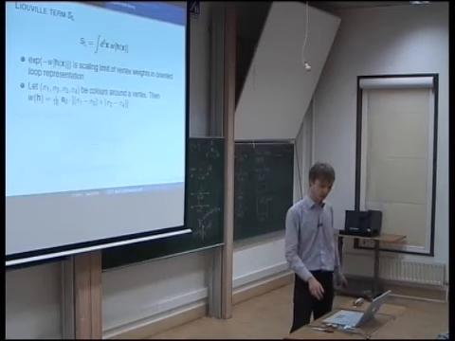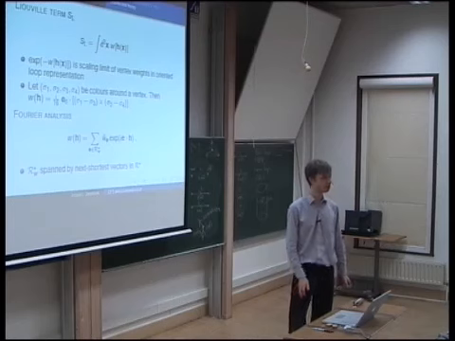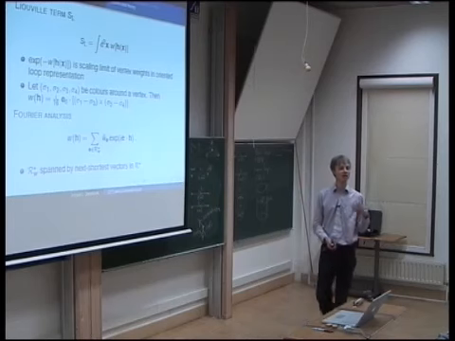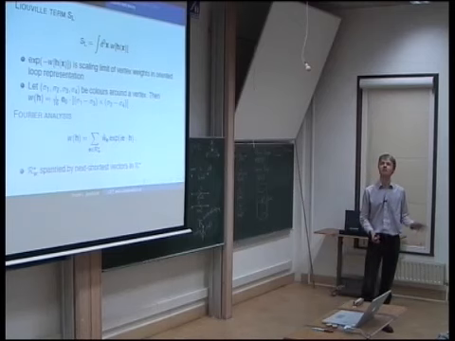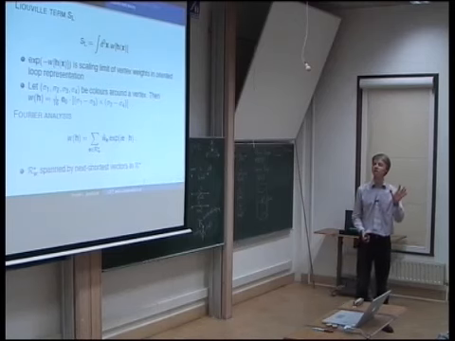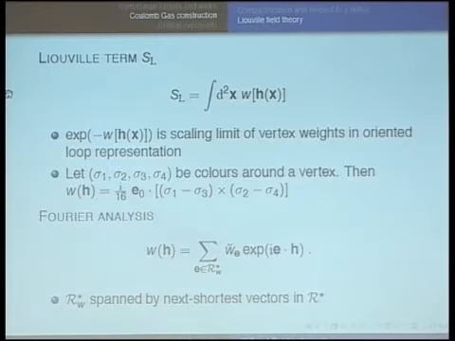And you can start Fourier analyzing it with respect to the lattice I, to find out if it has a higher periodicity than just the trivial one imposed by this repeat lattice. And it turns out again that these electric charges here should live in some sublattice of R star, the dual lattice, which is spanned by the next shortest vectors in R star.